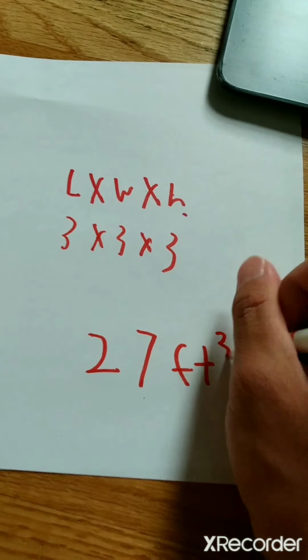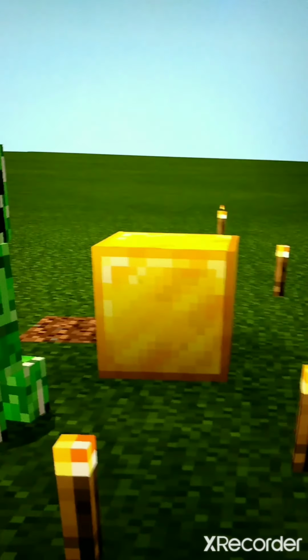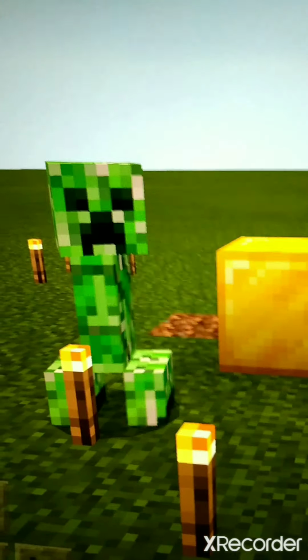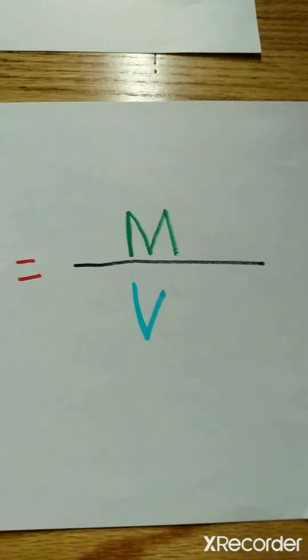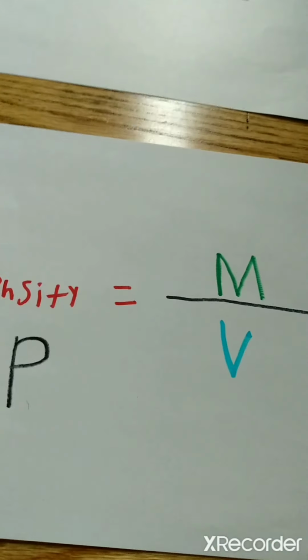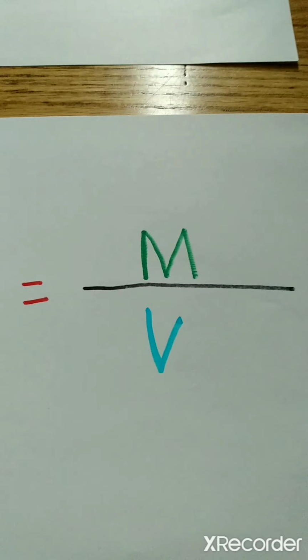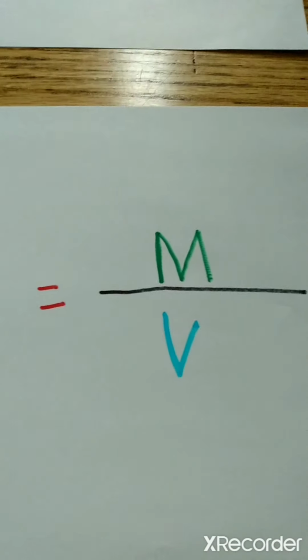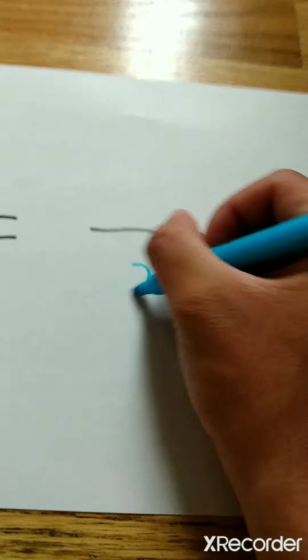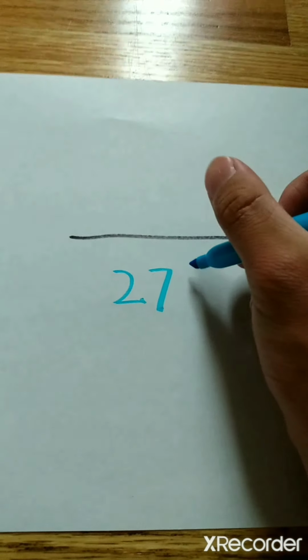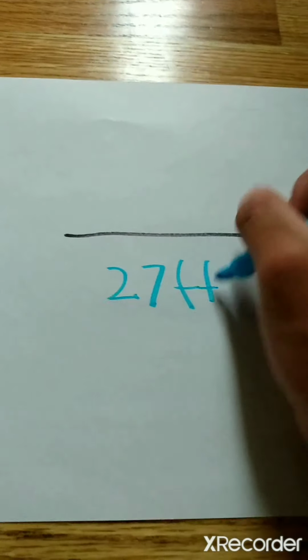The reason we say cubed is because a cube is a 3-dimensional object. So now we know the volume of that gold block, which means we understand what V means. The volume of the cube is 27 feet cubed.